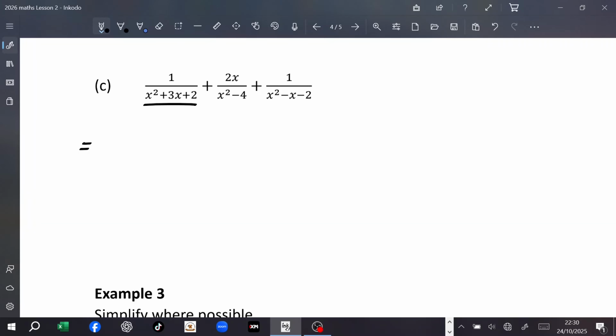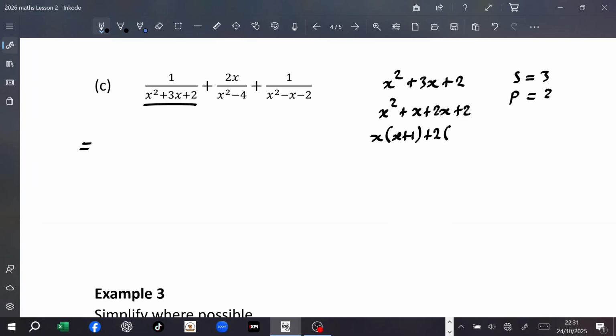So this one was giving us x squared plus 3x plus 2. I said the sum was 3 and product was 2. So here we got 1 and 2. So to simplify this one, it will be like x squared plus x plus 2x plus 2, which gave us x, open bracket, x plus 1, then plus 2, then x plus 1, which gave us x plus 1, then x plus 2.